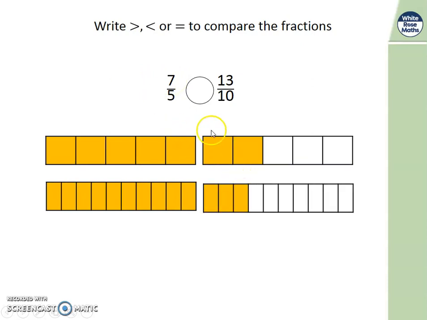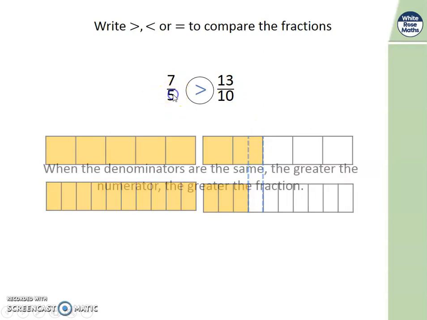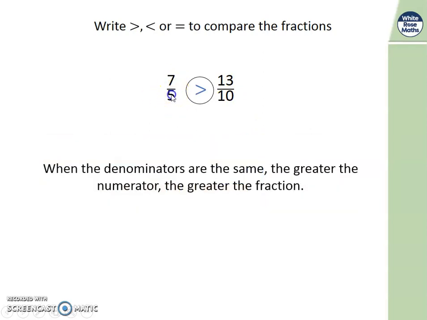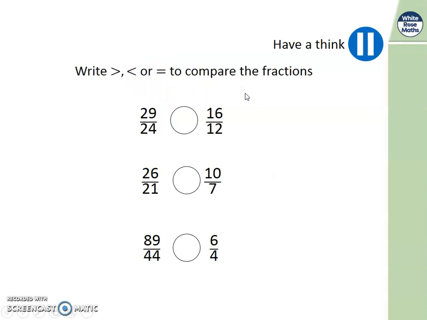And we should be able to see, therefore, that that would be 1 more than 13/10. So therefore, this one is larger. When the denominators are the same, the greater the numerator, the greater the fraction. So 14/10 is greater than 13/10.